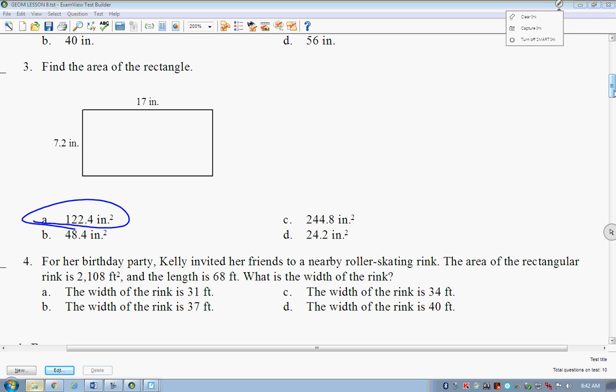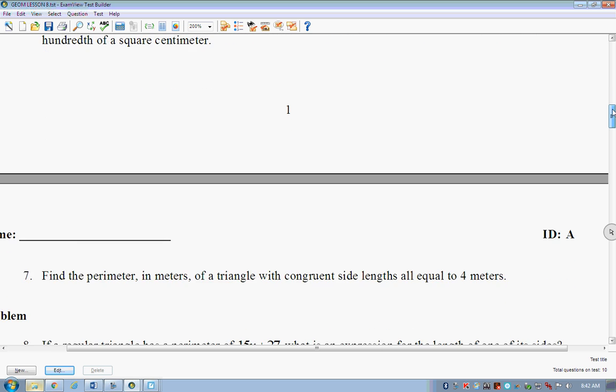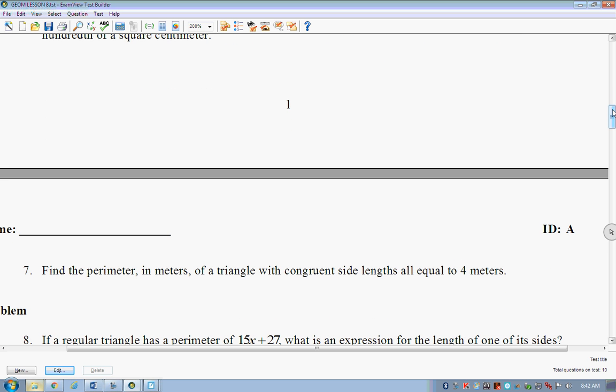Let's try to cover at least one word problem here. For her birthday party, Kelly's invited her friends to a nearby roller skating rink. The area of the rectangular rink is 2,108 feet squared. The length is 68 feet. What is the width of the rink? What should I do first?